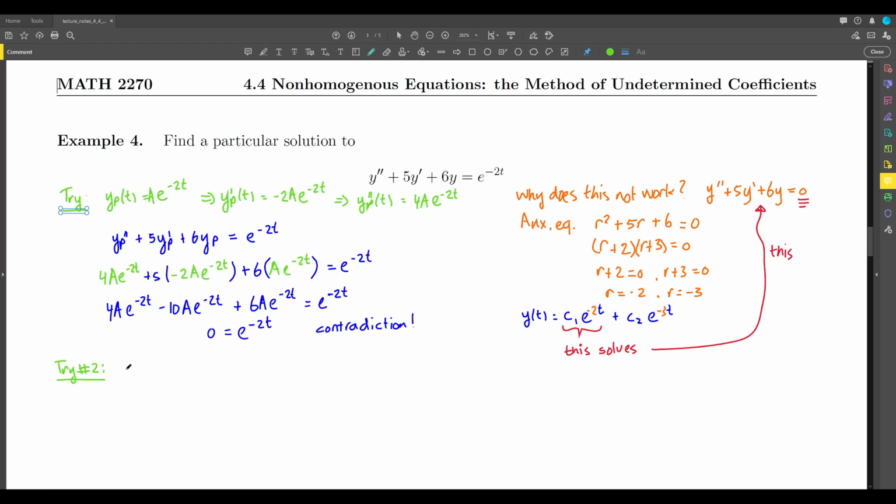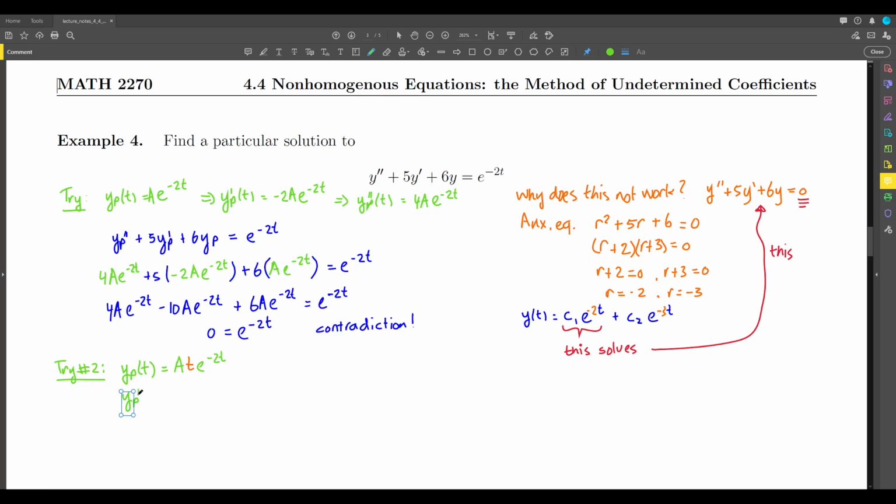So we're going to try that here as well. So I'm going to do yp of t is a times t, and then e to the power negative 2t. So that's yp of t.